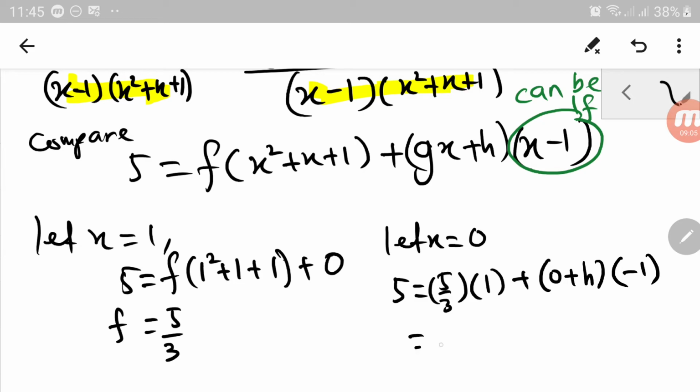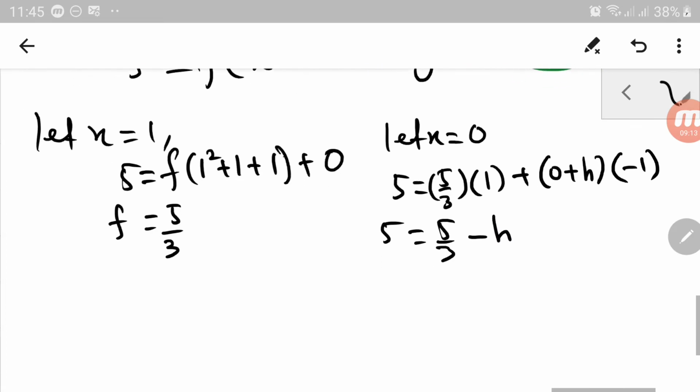From here clearly we can get what h is. So 5 equals 5 over 3 minus h. Then h is 5 over 3 minus 15 over 3, so we have minus 10 over 3.